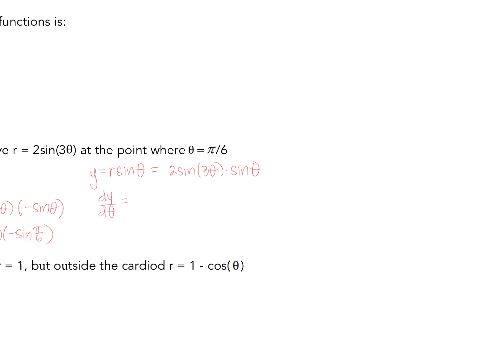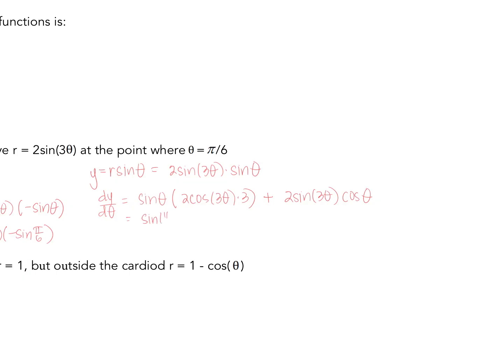So dy d theta, okay, you work your way through the product rule for that. I like to start with sine of theta, and then I'll have 2 cos 3 theta times 3 plus, I'll have my 2 sine 3 theta times cos theta, and then evaluating that at pi sixths.